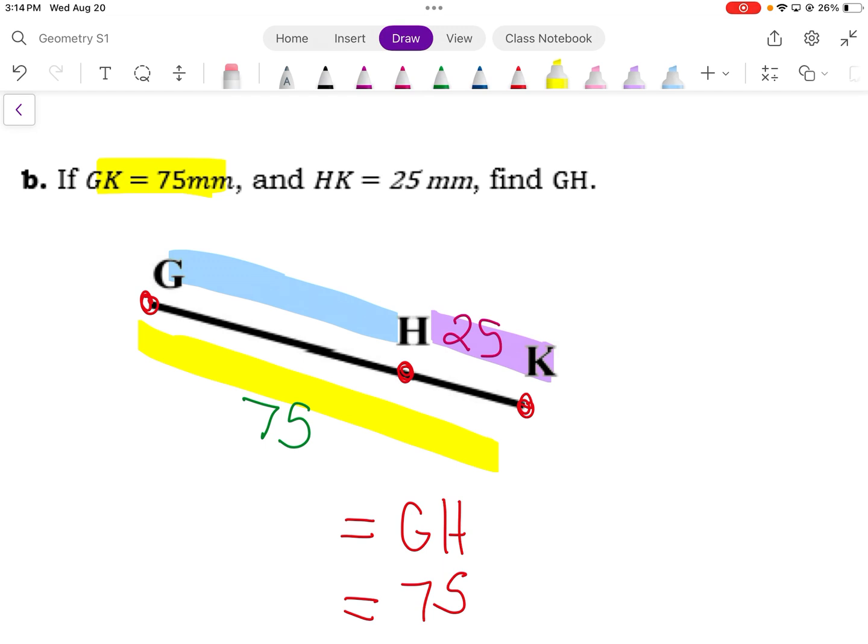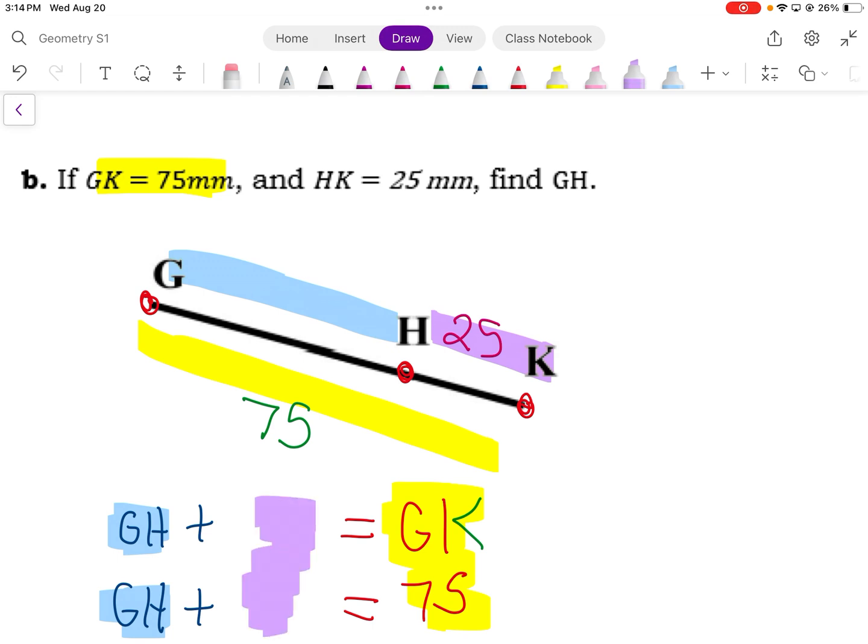Let me label that. GK, there we are. And then I have GH. I don't know what that is, so I'm going to leave it blank. Then I'm going to plug in my information for the section I do have.